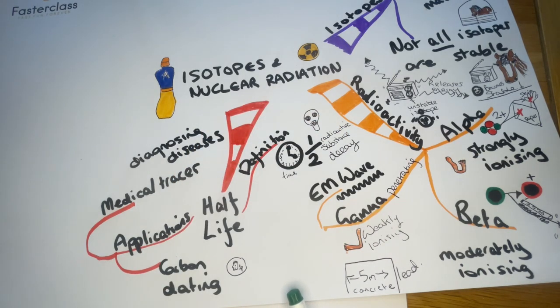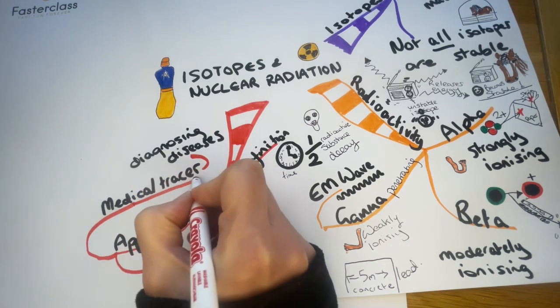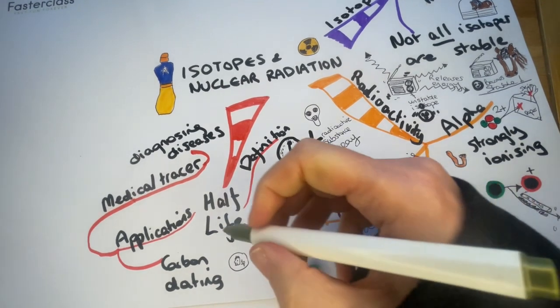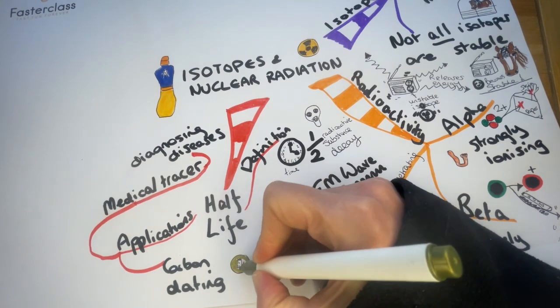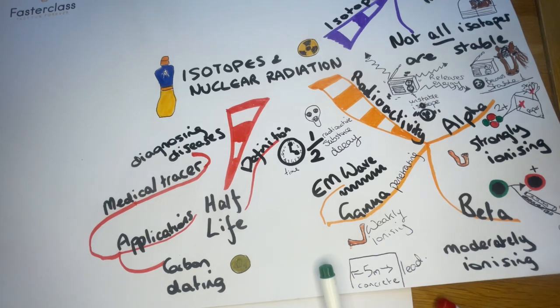Now, apart from my terrible coin, I seem to not really have too many pictures on this side, but please feel free to colour yours. Oh, look, I've got a gold pen. Okay, that's my ancient coin.